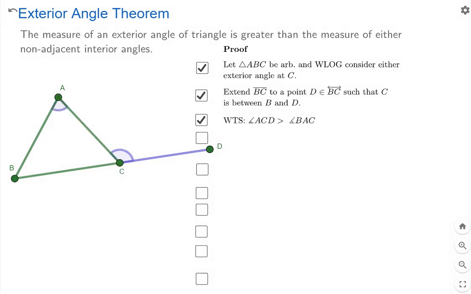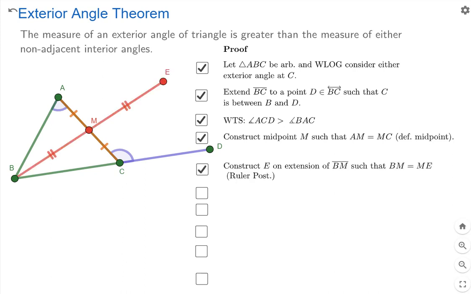Okay, so the first thing we do is create the midpoint here between A and C. And this is one of those where the construction is everything. If you don't know how to create this construction, the proof is nearly impossible.